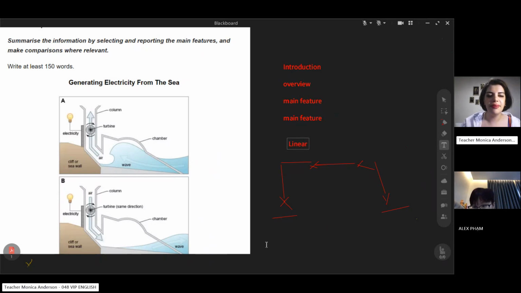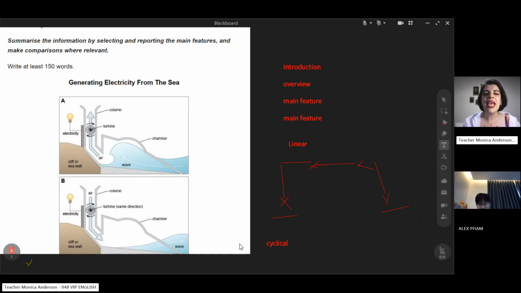Linear or cyclical, which one it is. The first one, linear, as I told you, is a process that starts and finishes at different places, like this one. It often involves the manufacture or creation of something. So normally we have manufacturing or creation of something.